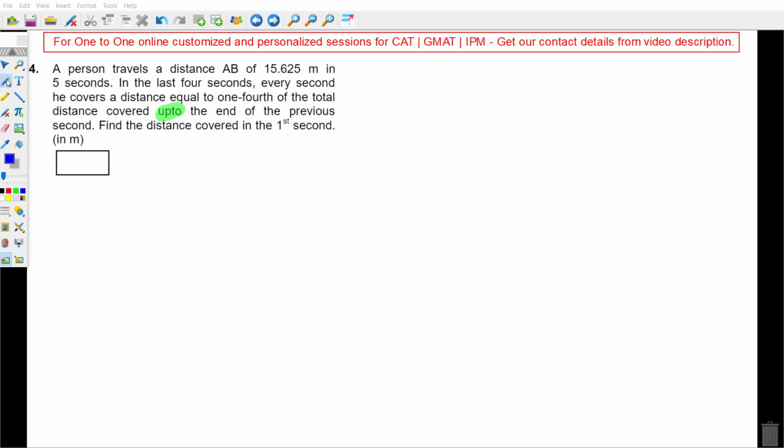Let's say in the first second he covers a distance x. In the second second he will cover 1/4 of the total distance covered in the previous seconds, that is 1/4 of x, which is x divided by 4.